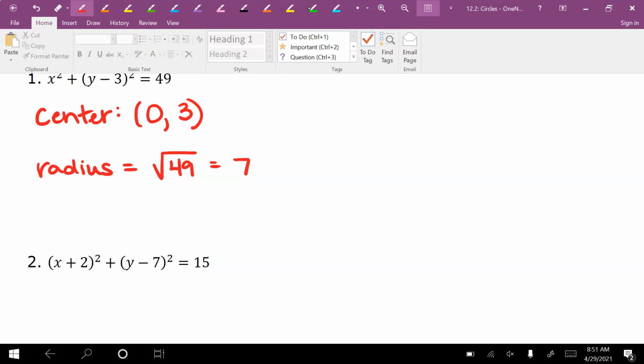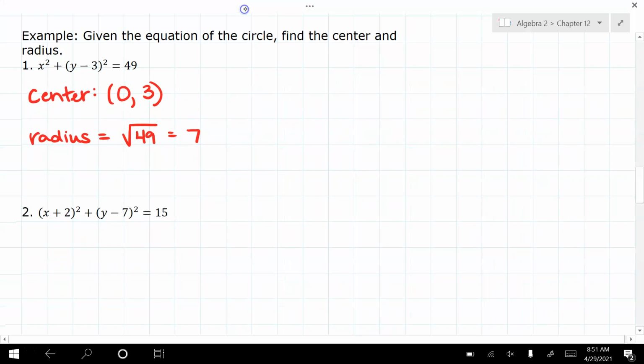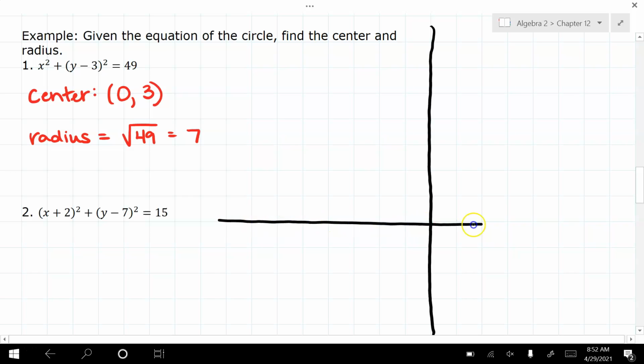Now we need to graph. All right, so what I do when I'm graphing circles is I start at the center, so 0, 3, so I'm going to go up 1, 2, 3.